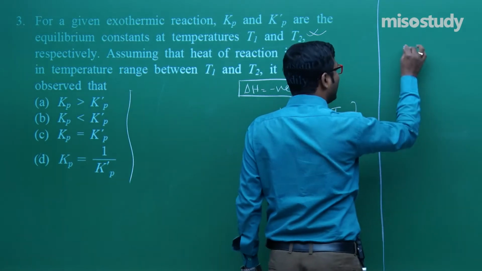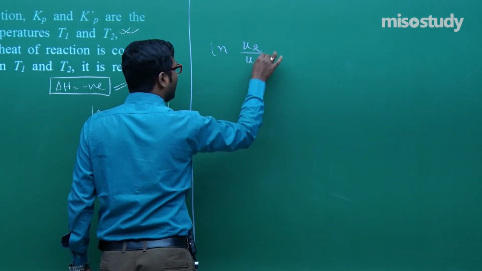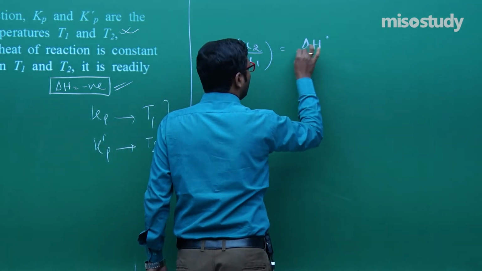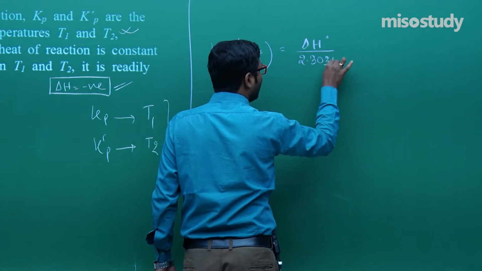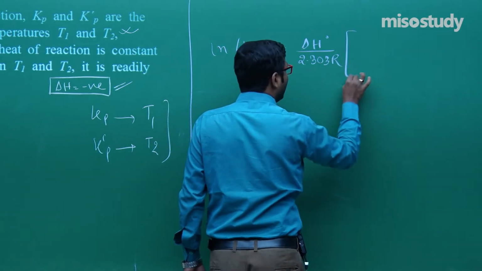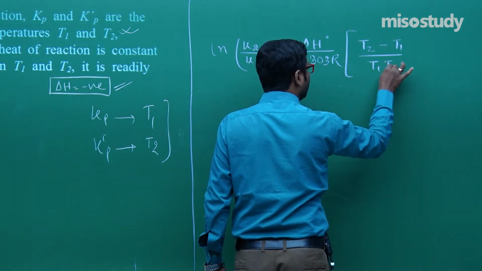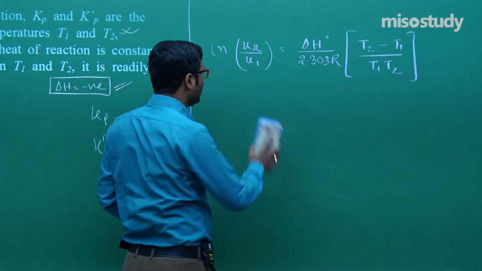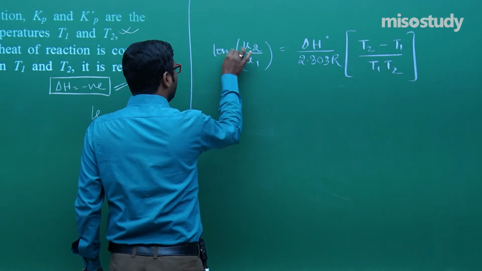I have discussed ln K2 upon K1 is equal to delta H upon 2.303 R. Clear? Then T2 minus T1 upon T1 T2. Now the format will be changed here because we have to write here log K2.